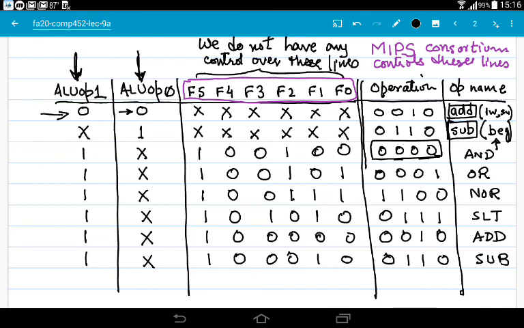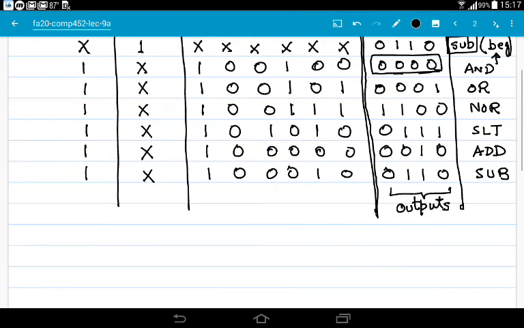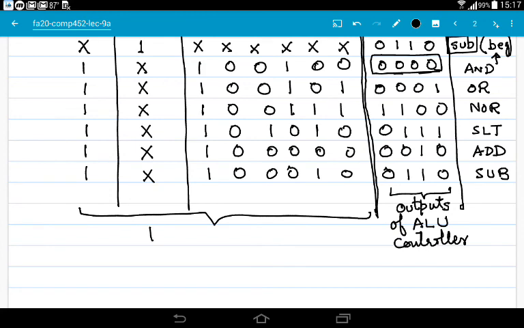So now everything on the left of this double line is input, and these 4 are the output lines of the ALU controller.